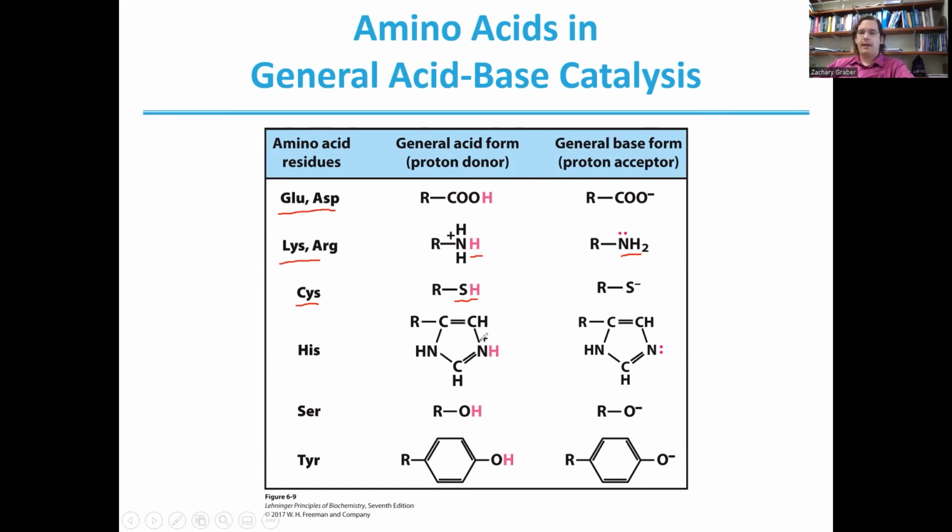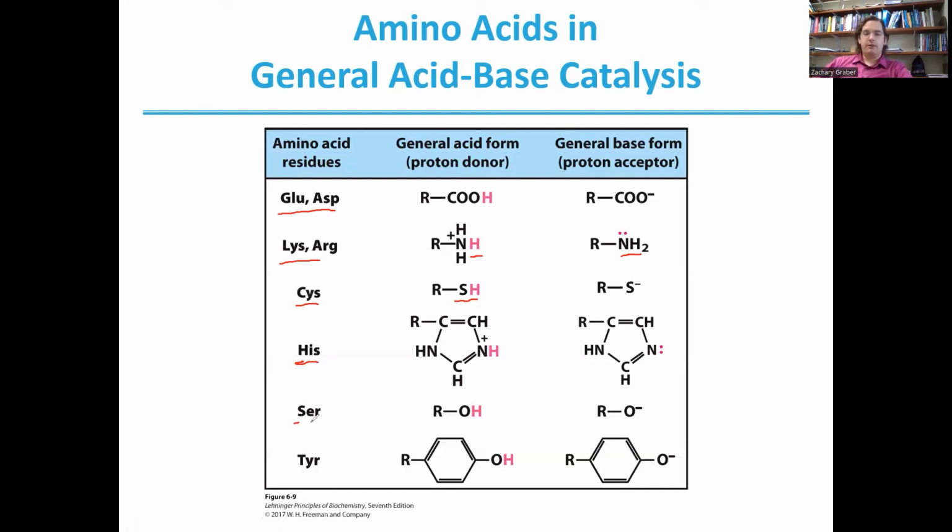Histidine, of course, also has a nitrogen that can be used as an acid-base donor or acceptor. Histidine is nice because it has a much lower pKa, so it's more likely to be able to donate or accept protons, since it's right around that natural state where it can be easily protonated or deprotonated.